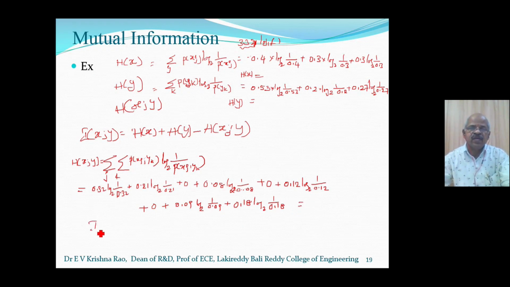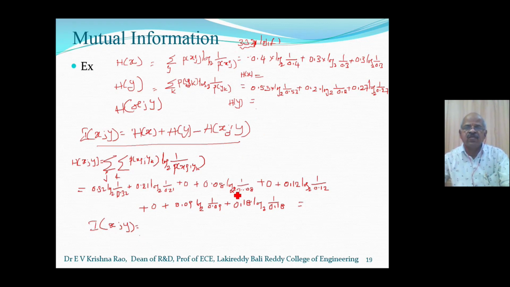So the mutual information you will get from this equation. You can get this value, this value, and this value, and you will get it.